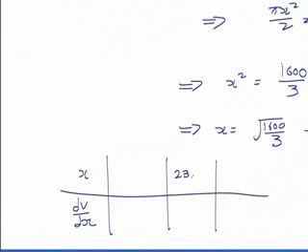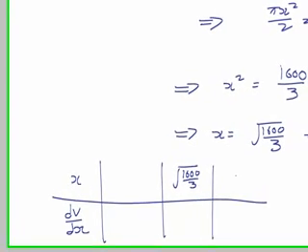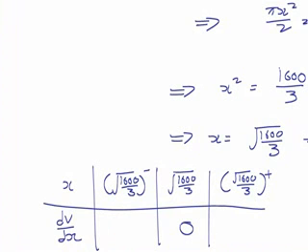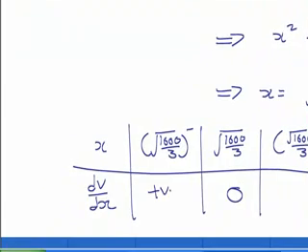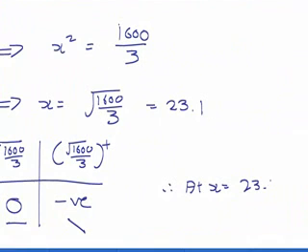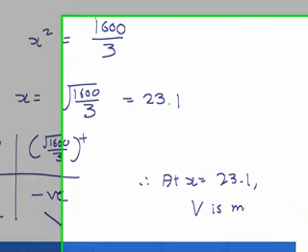And again, I should use exact values to be more precise. So because it is a maximum, therefore at x equals 73.1, V is maximum.